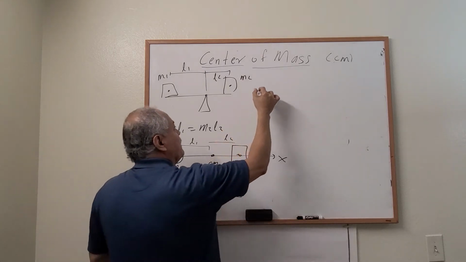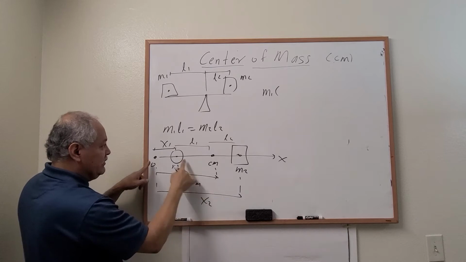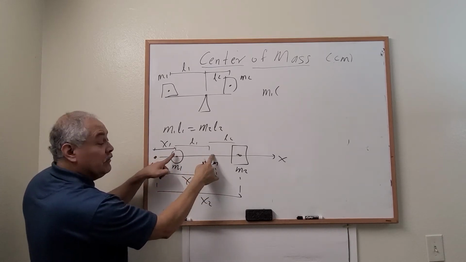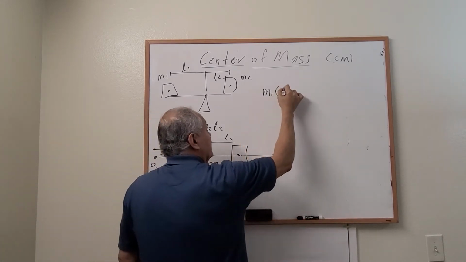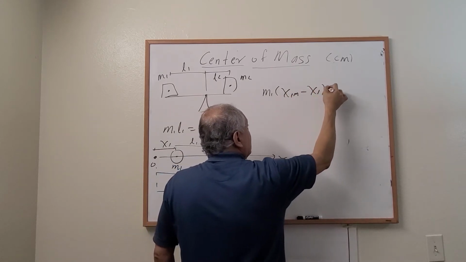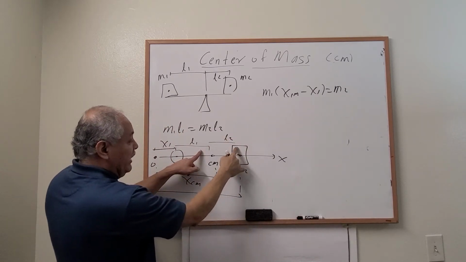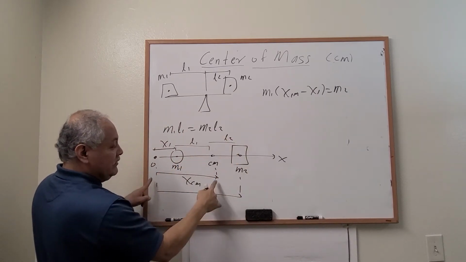So what do we have? M1 times L1, but L1 is this distance minus this distance. This minus this is equal to L1. So now we write X CM minus X1 equals M2 times L2. But L2 is this distance minus this distance.